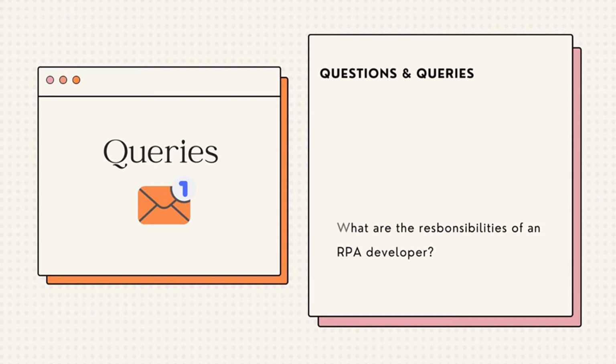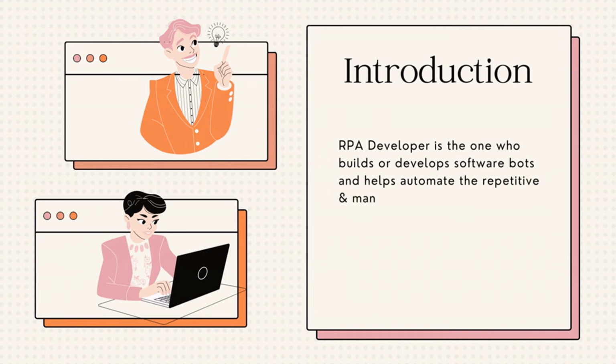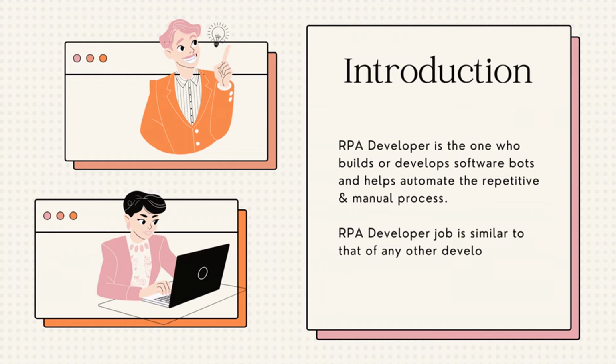So let's get started. First of all, an RPA developer is one who builds and develops software bots for automating manual processes. Suppose there are some business processes which are manual, and the company has got a project to automate that particular rule-based manual process.